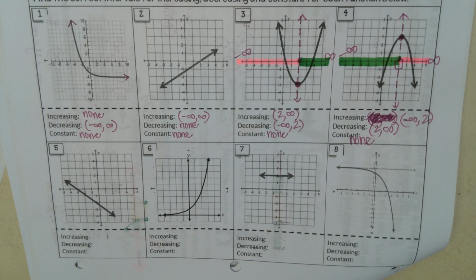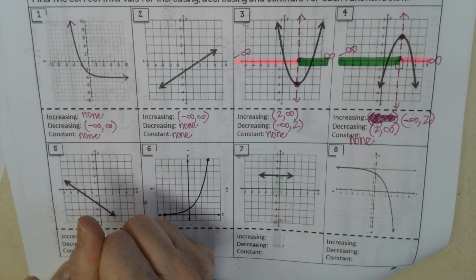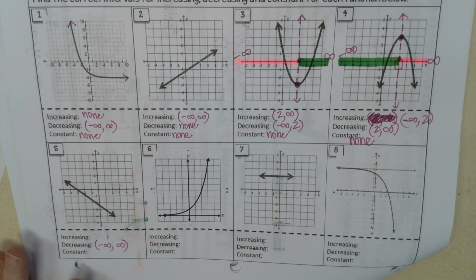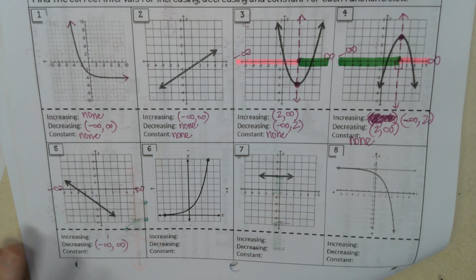Look at number 5. What would you say about this line? The whole thing is decreasing. So from left to right, from negative infinity to positive infinity, the whole thing is decreasing.